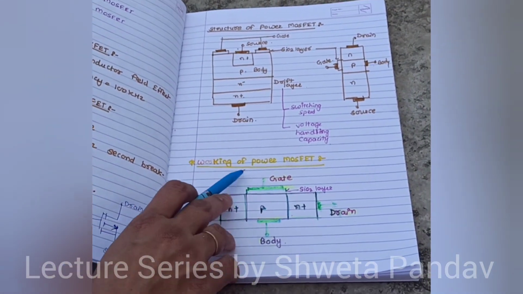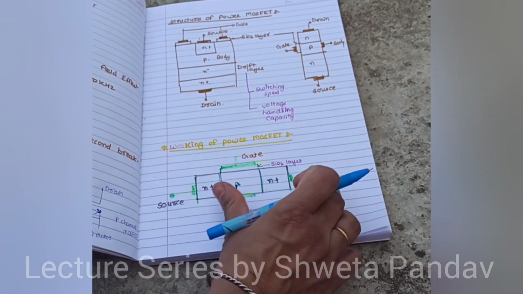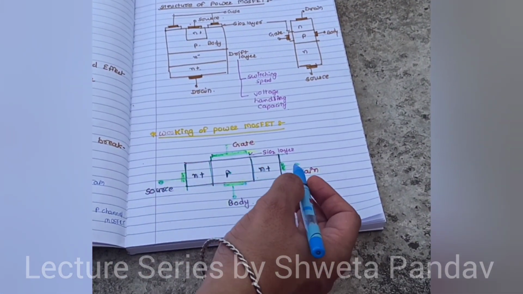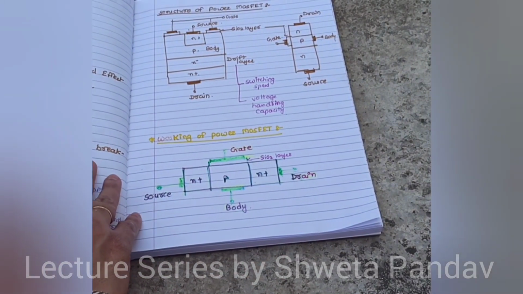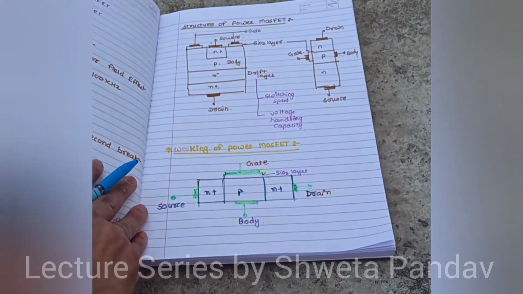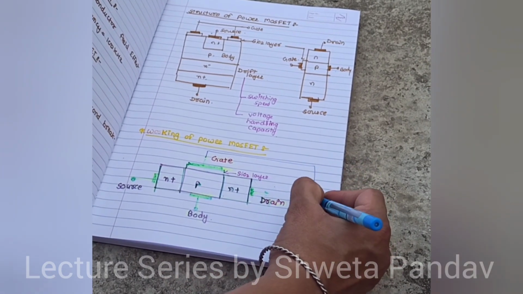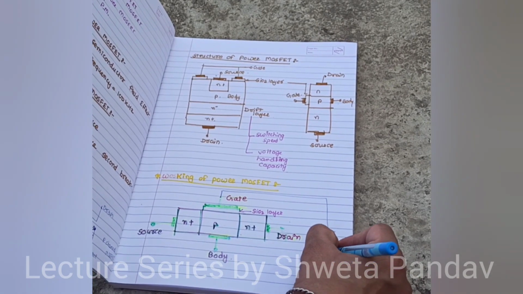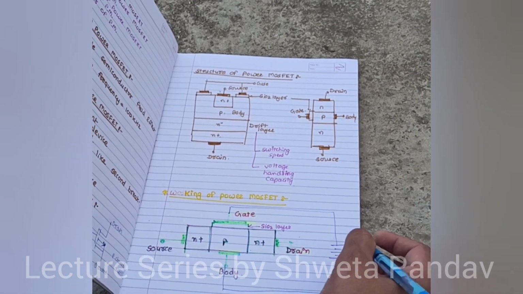Next point is working of power MOSFET. This structure is shown here. We have N plus terminals which are connected to source and drain. This is the gate terminal and this is the body of our MOSFET. Now what happens if my gate terminal is connected to the positive terminal of a battery and the body is connected to the negative terminal of the battery?